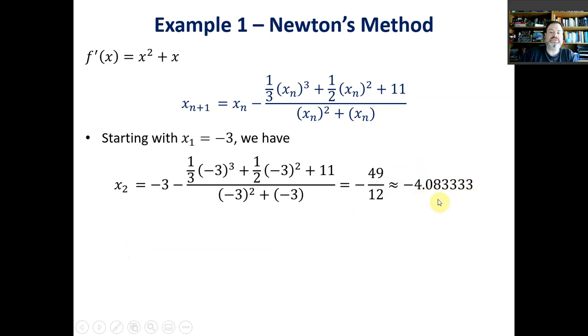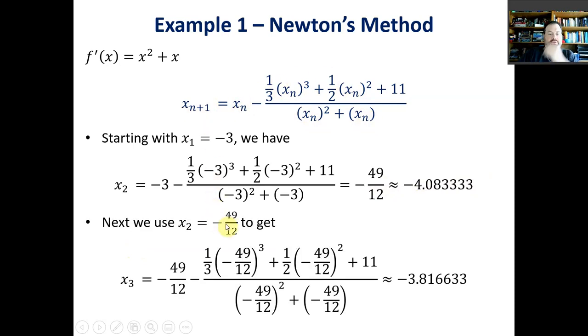So this is x2. So we plug x2 in this equation. Right? Now, I used the fraction version just because it fits on the screen better. On your calculator, I don't care what you do. And that's your answer. So that is accurate to however many decimal places you needed.